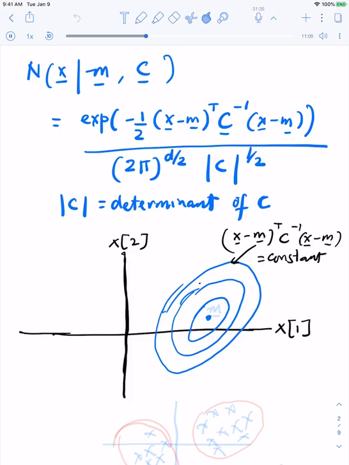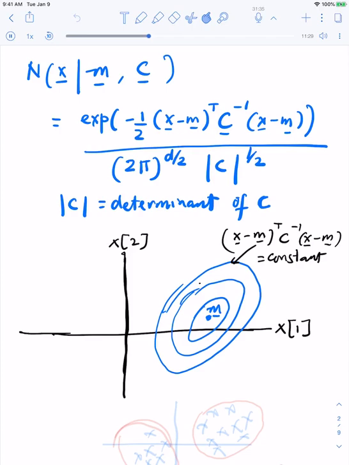So that's where I'm sketching these ellipses out there. They're centered around the mean, of course. This is the mean. I've shown a two-dimensional density, which is all I can sketch. So this is what the contours might look like.